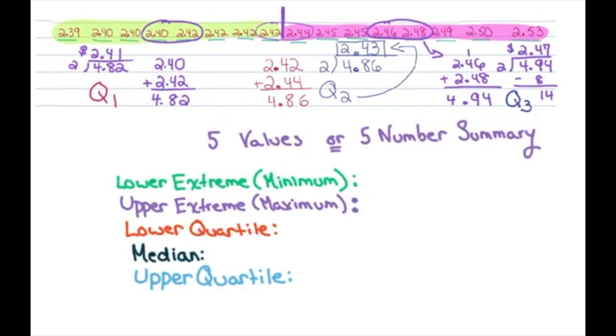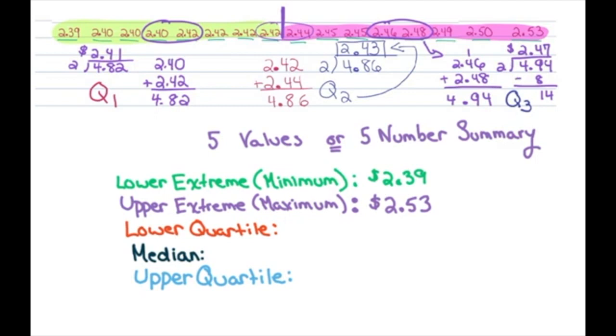I am now ready to identify the 5 values or 5-number summary. The lower extreme, the minimum. The upper extreme, the maximum. The lower quartile, Q1. The median, Q2. And the upper quartile, also known as Q3. My lower extreme is going to be $2.39, and my upper extreme is going to be $2.53.